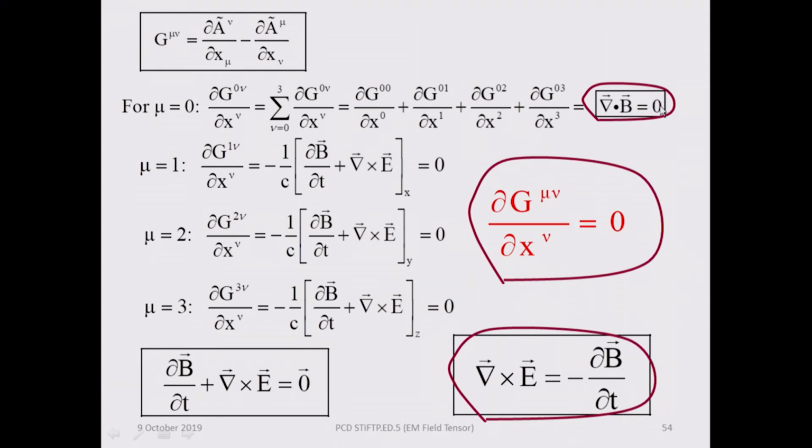So, these two laws are contained in one single tensor equation, which has got 4 components. For mu equal to 0, 1, 2, 3: for mu equal to 0 you get the absence of the magnetic monopoles, and for mu equal to 1, 2, 3 you get the 3 components of the vector law for the Faraday-Lenz law.